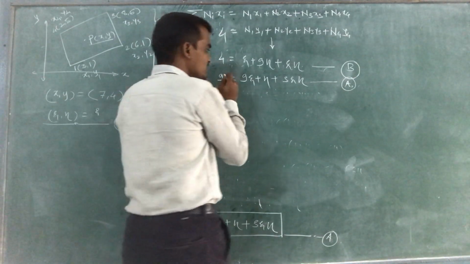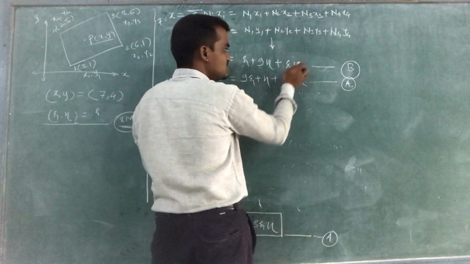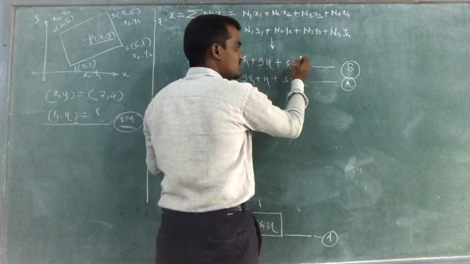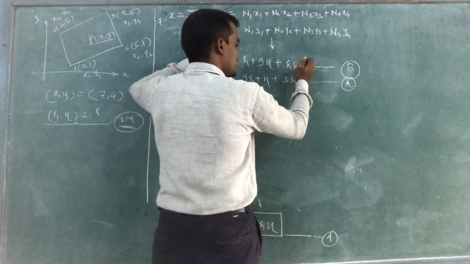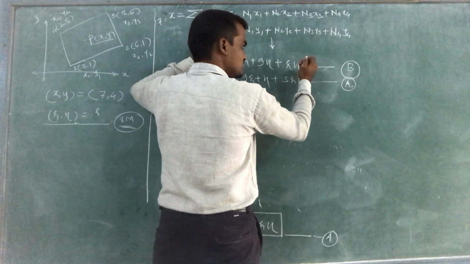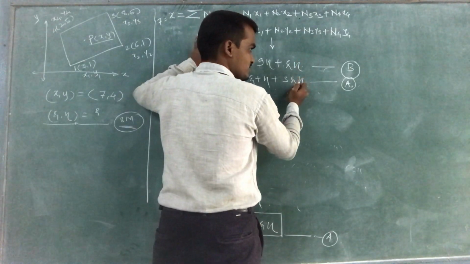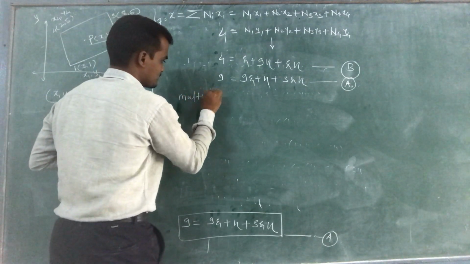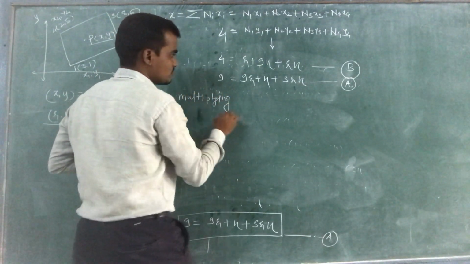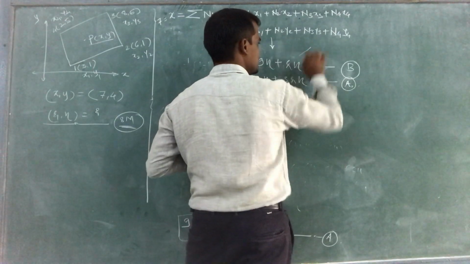And similarly, if we need to eliminate this zeta eta term, we need to multiply this second equation by 3, and then subtract this equation from the first equation. So we will eliminate the zeta eta element.